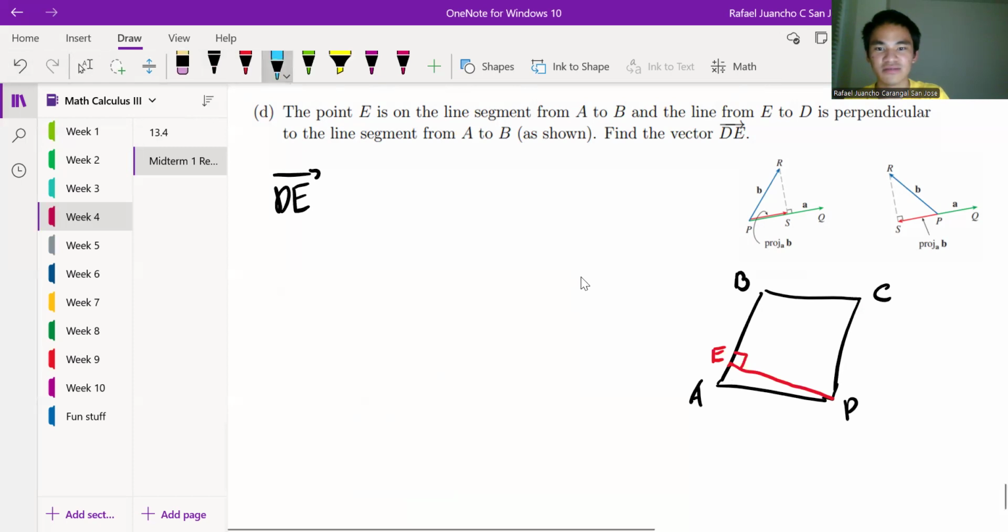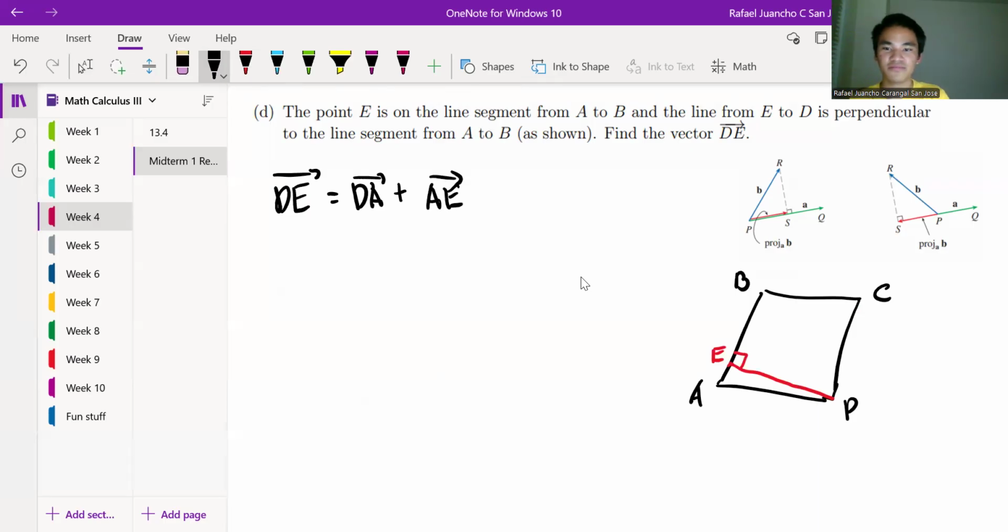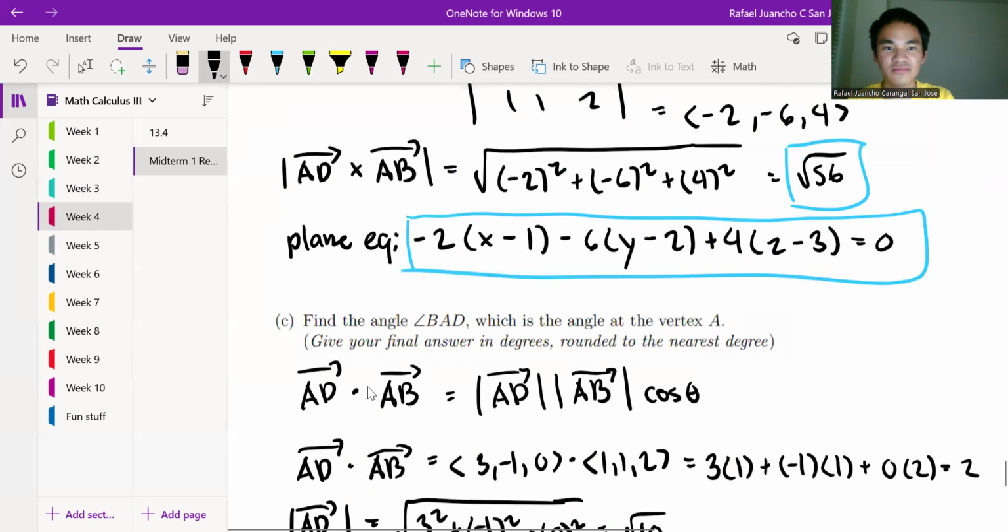DE is basically DA plus AE, right? Now we know what AD is.